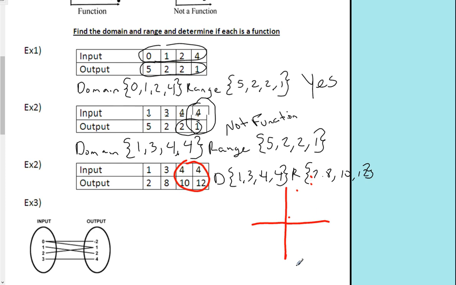And what you'll notice is those two points are vertical to each other, and that's another reason it's not a function. All right?